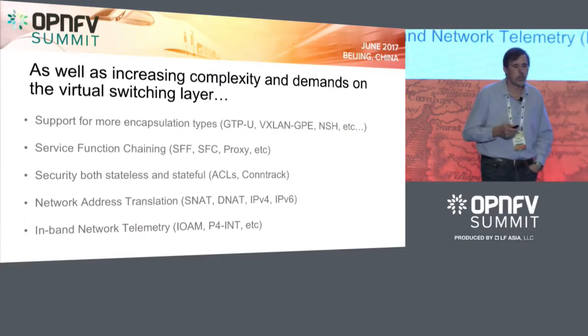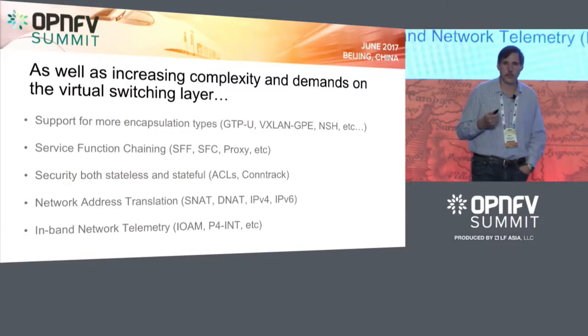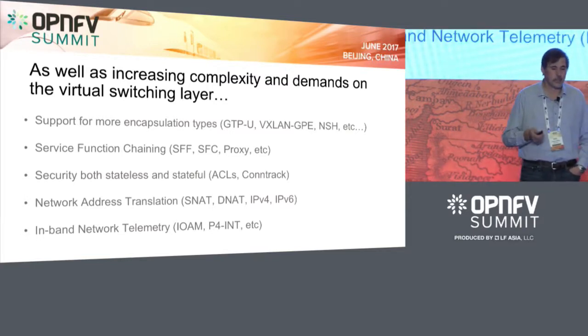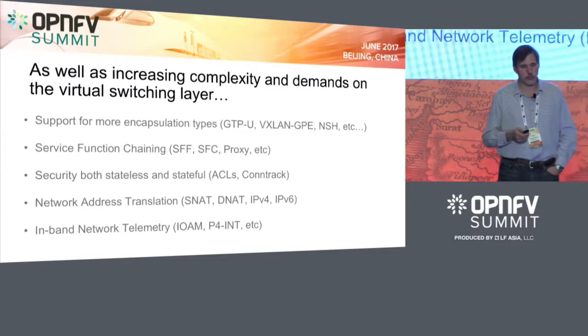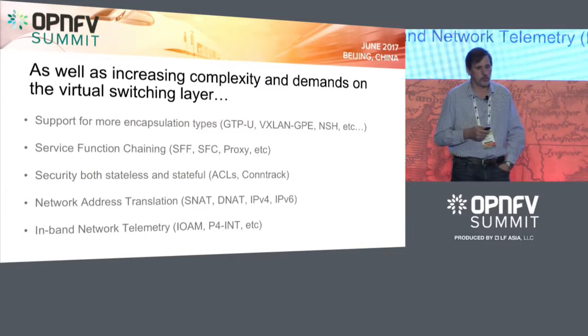The other things to note here are things like ACLs for security, and that's both stateless and stateful. So Conntrack is an example of a stateful connection tracking subsystem that's used for security. Again, that will slow down the server-based processing. Network address translation also requires more manipulation, substitution of IP address, sometimes port information.